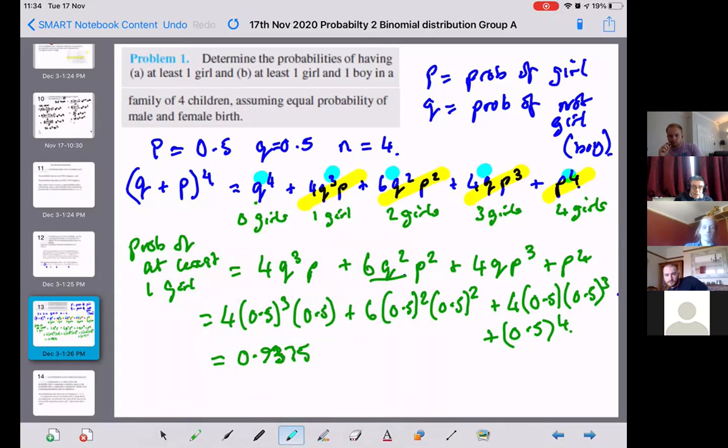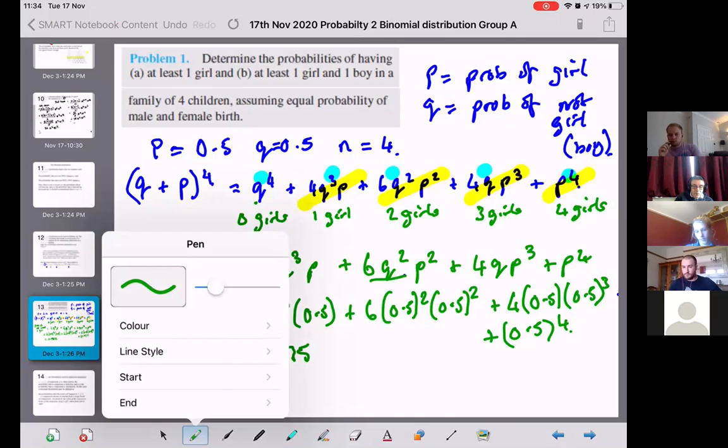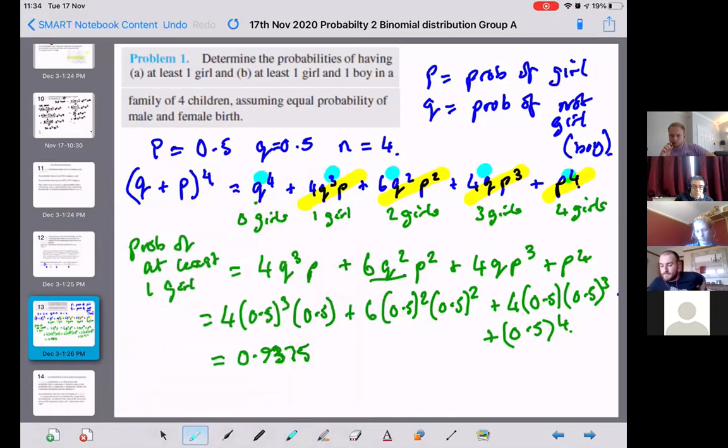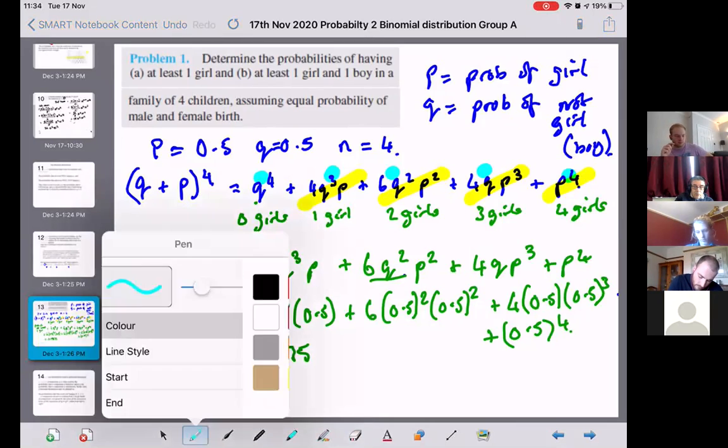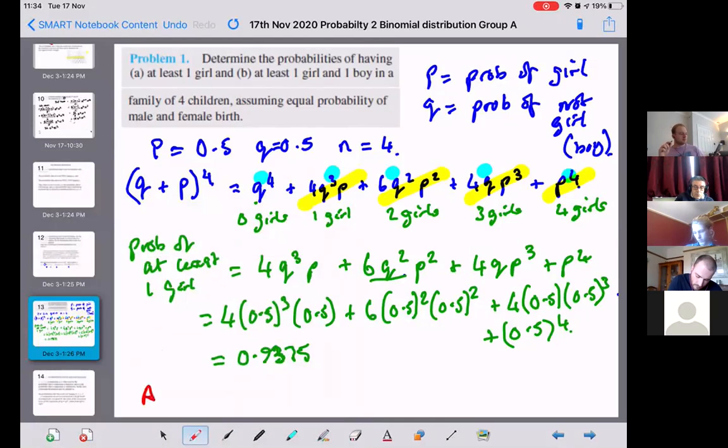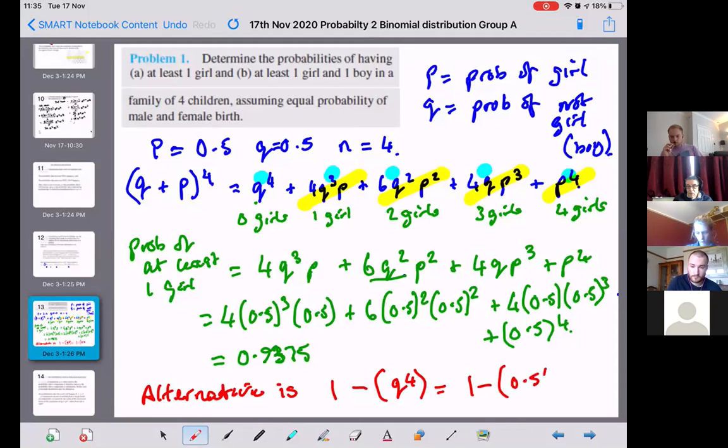So we could also say this equals 1 take off the first term. The alternative method is that it equals 1, the whole, minus this first term for no girls, Q to the 4, equals 1 minus 0.5 to the power 4. And you should get the same answer, 0.9375.